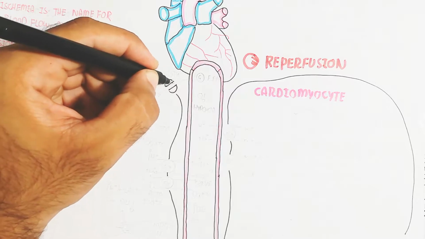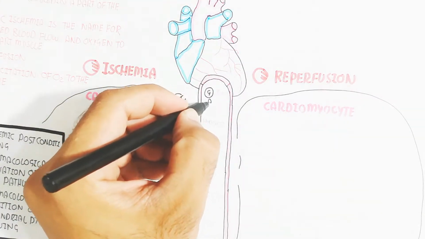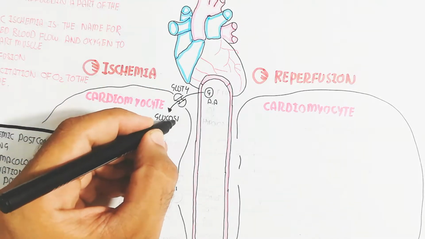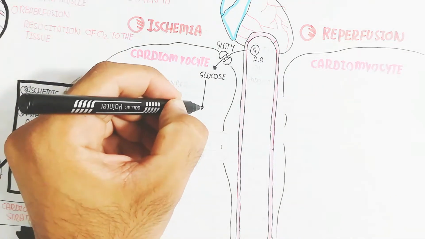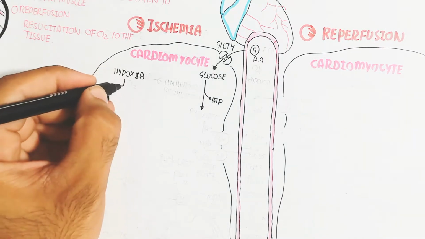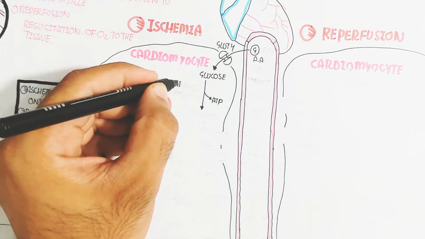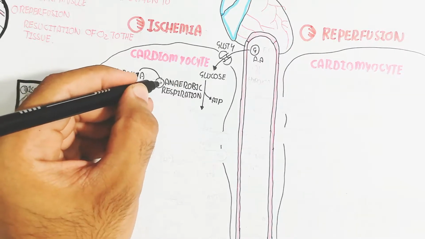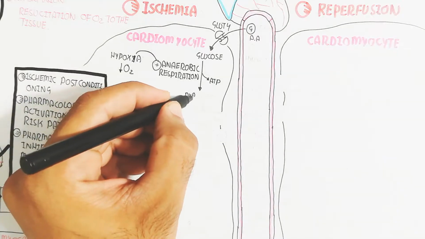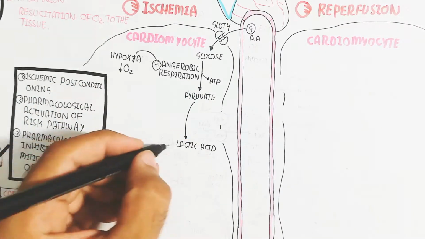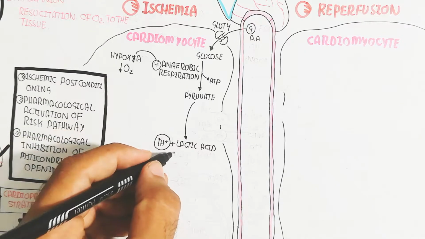When hypoxia occurs due to the coronary blockage, it leads to anaerobic respiration. Glucose enters through the GLUT4 channel, along with amino acids and free fatty acids, but provides only a small amount of ATP. Hypoxia leads to anaerobic respiration producing pyruvate, and pyruvate is converted into lactic acid, which increases protons and decreases the pH.